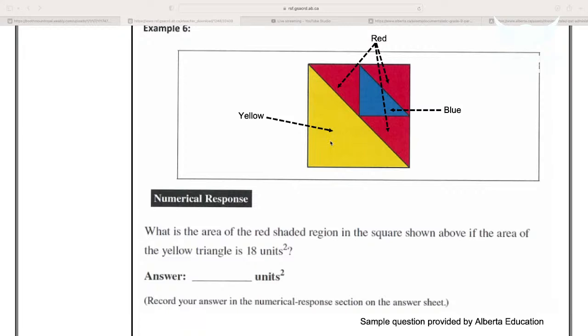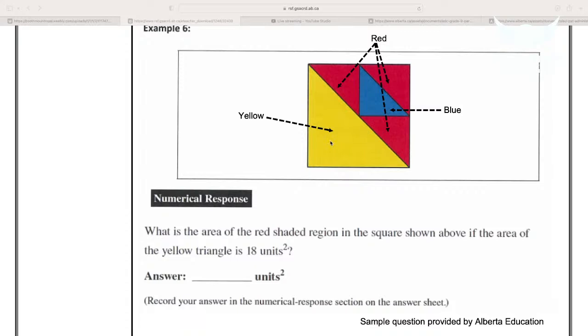What is the area of the red shaded region in the square shown above if the area of the yellow triangle is 18 units? Okay, so we can see that the red triangles and the blue triangle are equal.